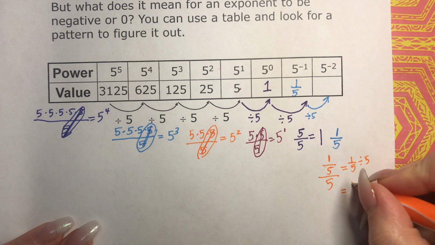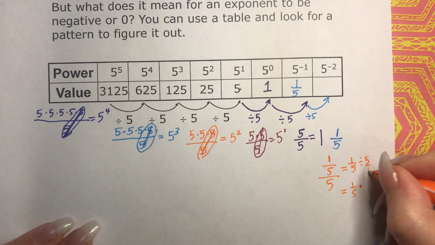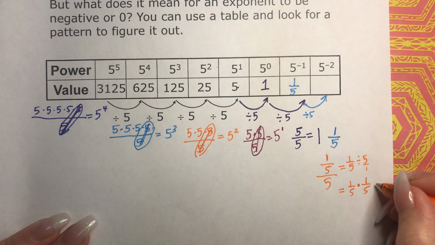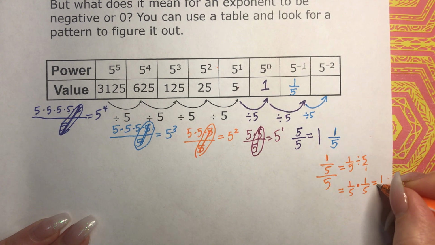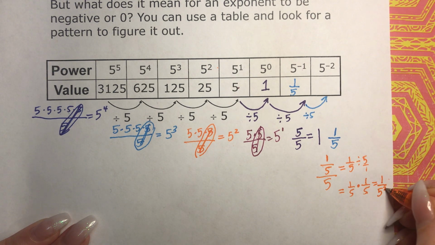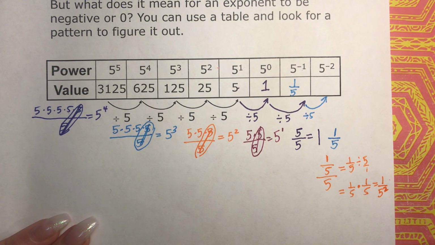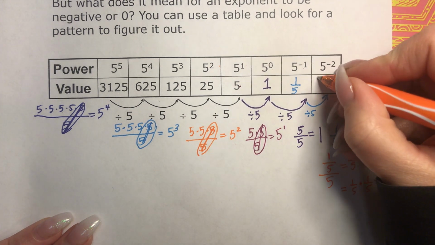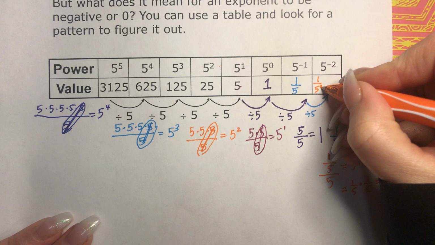Which is the same thing as 1/5 times the reciprocal, which is 1/5, which is the same thing as 1 over 5 times 5, which is 5 squared. And look at that. So that means this is the same thing as 1 over 5 squared.